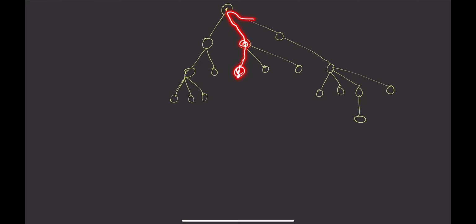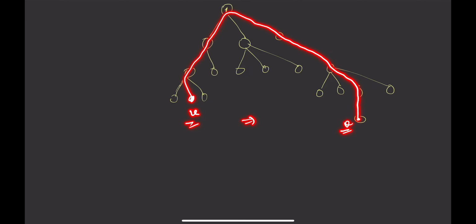Then I got a node which is at the farthest distance. Maybe this one. Then from this node I again ran a BFS and got a node which is at the farthest distance. So these two nodes will form a diameter. That means diameter will exist between U and V. Let's implement this one. Okay, easier one.